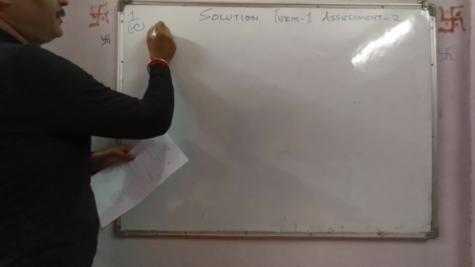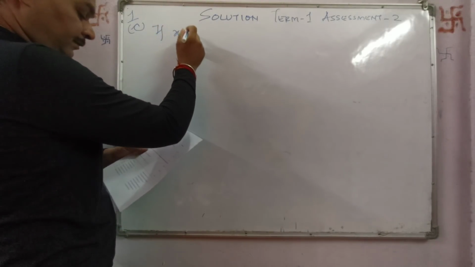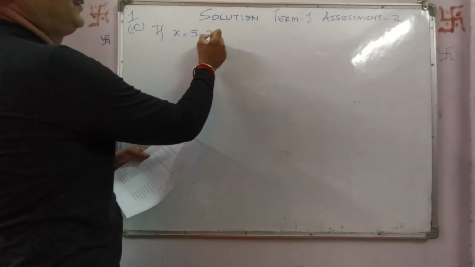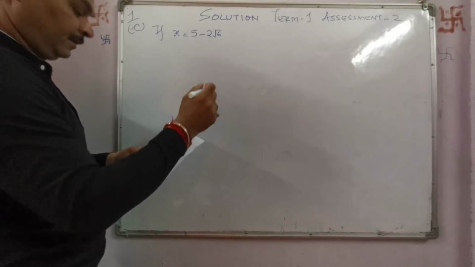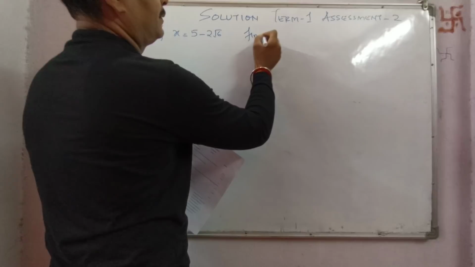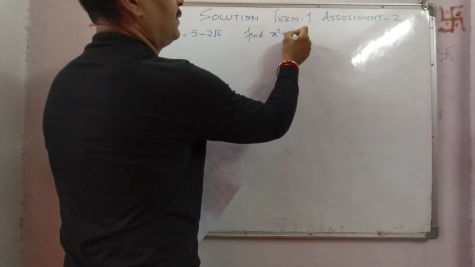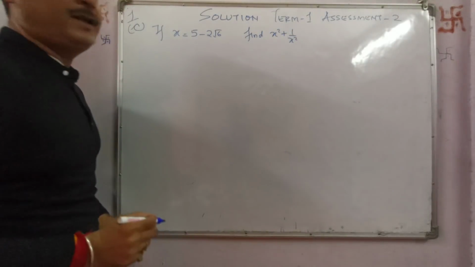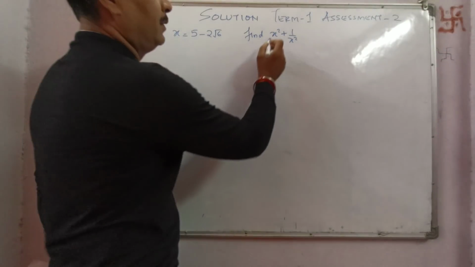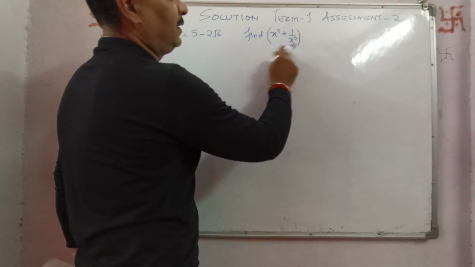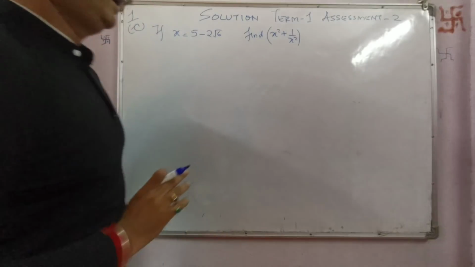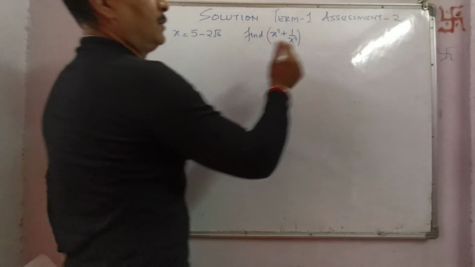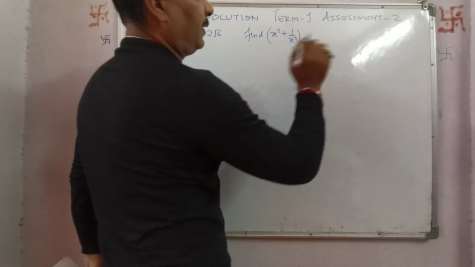Now, if x is equal to 5 minus 2 root 6, we need to find x square plus 1 upon x square. Okay, while teaching this topic, I told you, whenever you need to find these kinds of values and x is given, we will do something different.